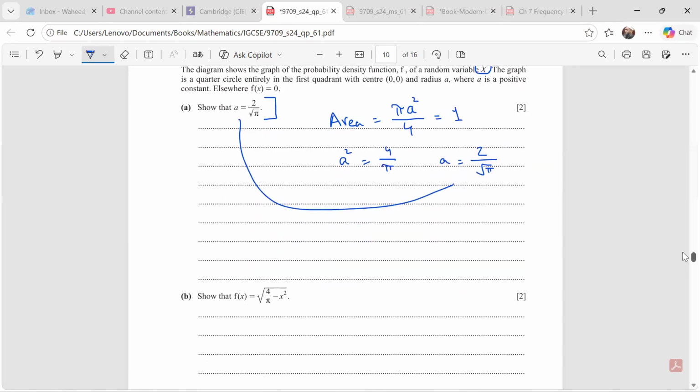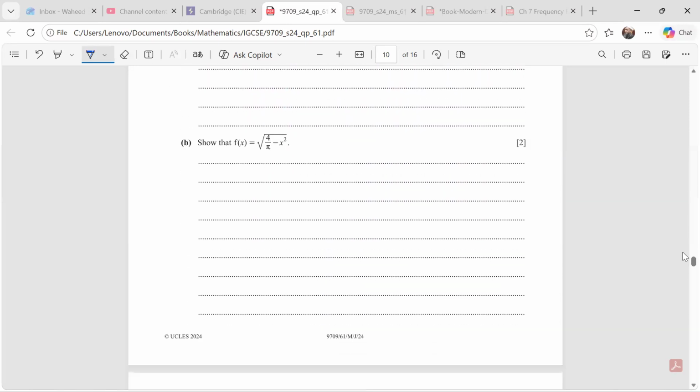Now the second part is to show that f(x) is equal to this expression. This is also very simple. You see, this is a circle. At any point, the coordinates are x and f(x), and this distance is a because it's a circle with radius a. So can I say that x squared plus f(x) squared is equal to a squared?